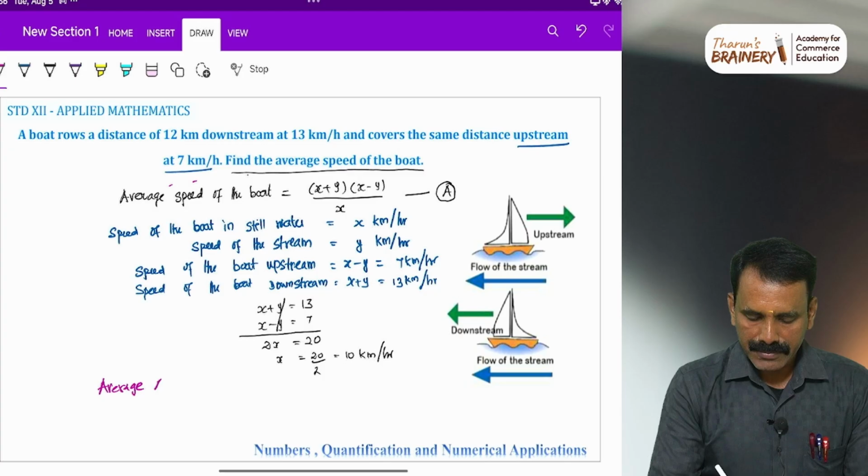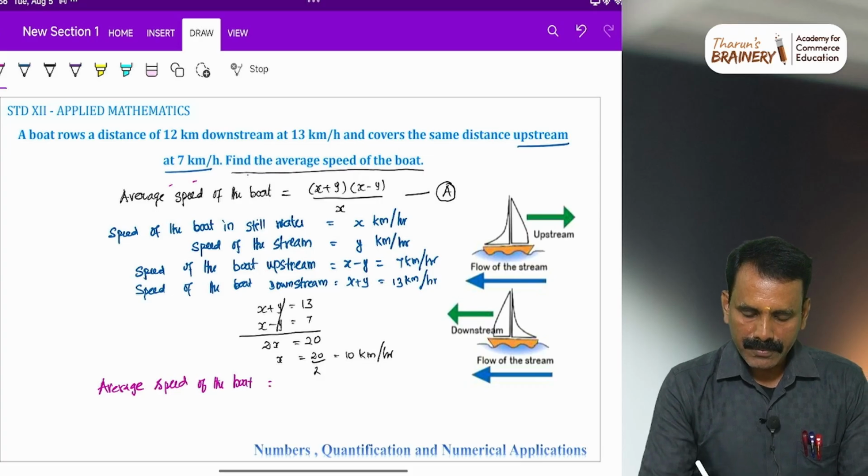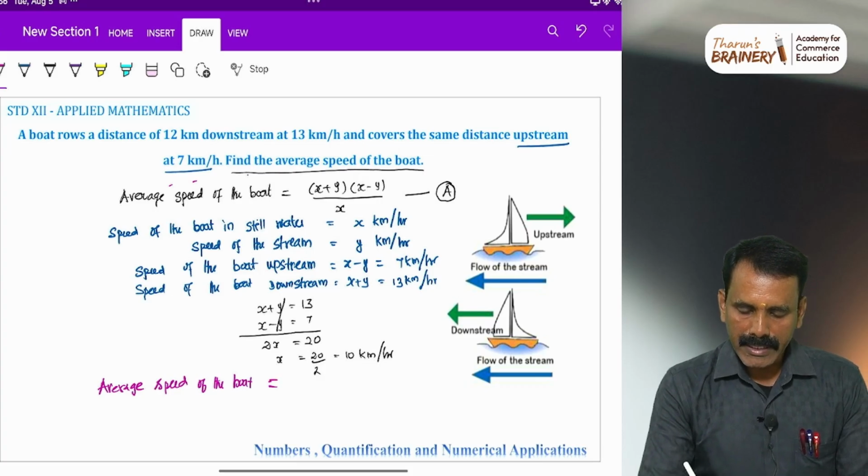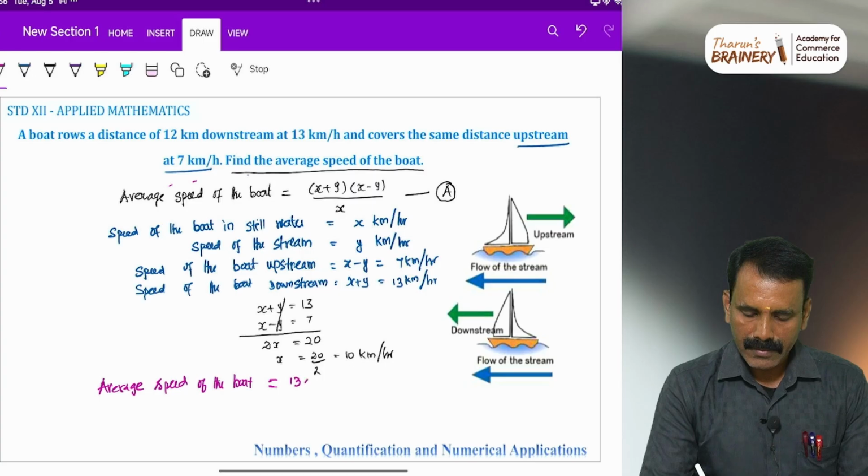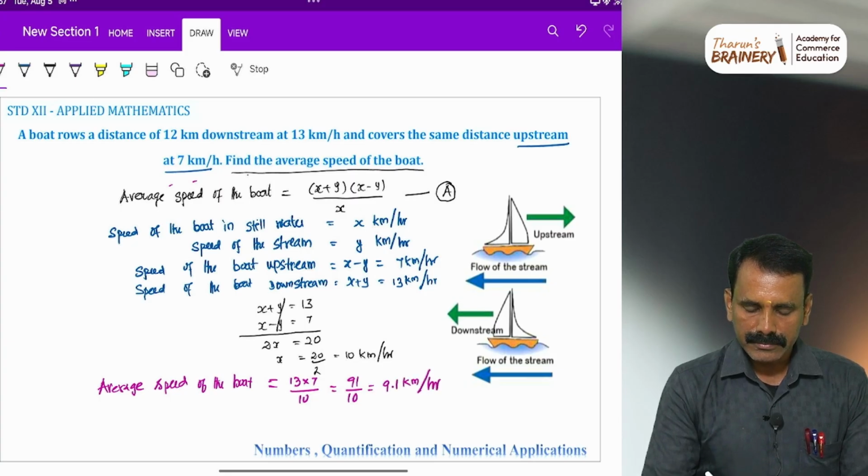So average speed of the boat, we substitute x plus y is 13 into x minus y 7 divided by 10. So 7 into 13 is 91 divided by 10, which is nothing but 9.1 kilometer per hour. So this is the answer.